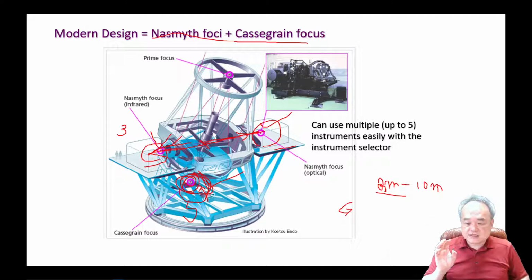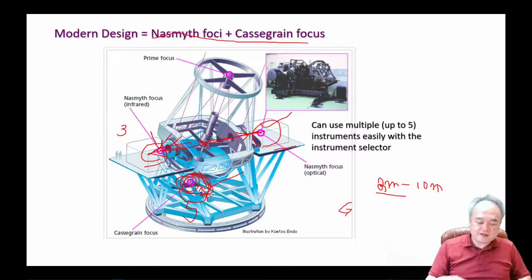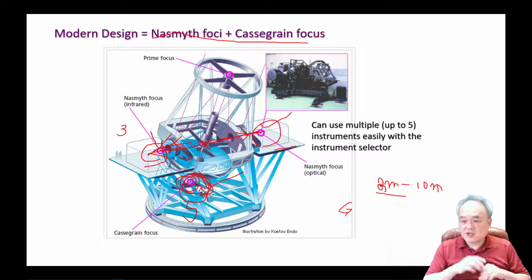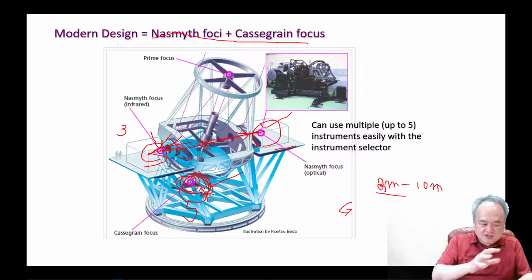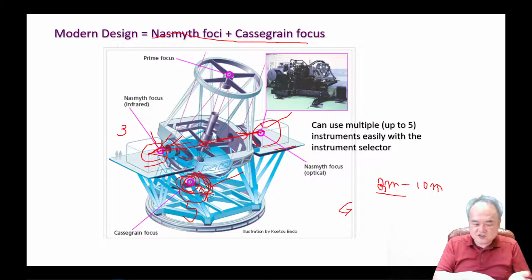This is a drastic improvement from the earlier days, because in the earlier days, switching from simple imaging observation to spectroscopic observation, you needed to call the telescope engineers, and then he comes in and changes the mirrors and switches the instrument.